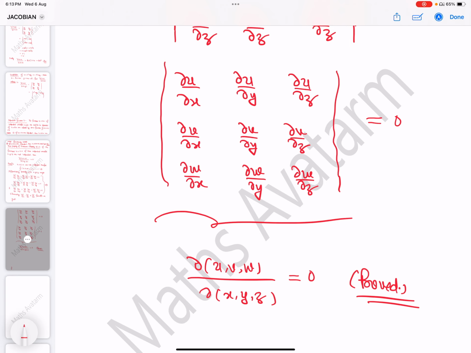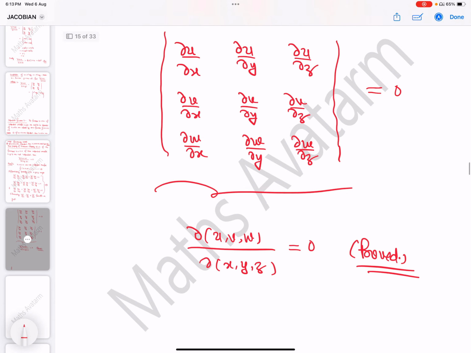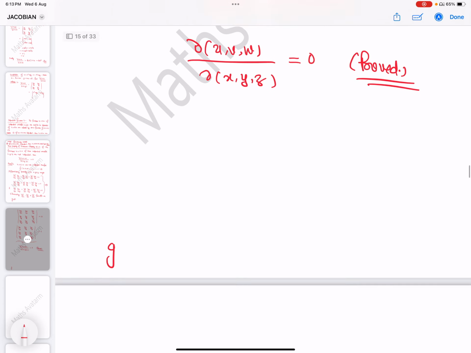Now the converse. We want to see its sufficient condition.